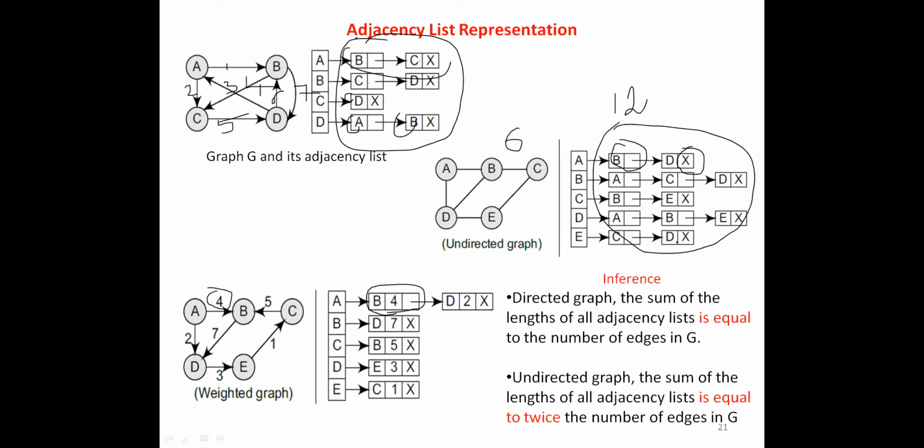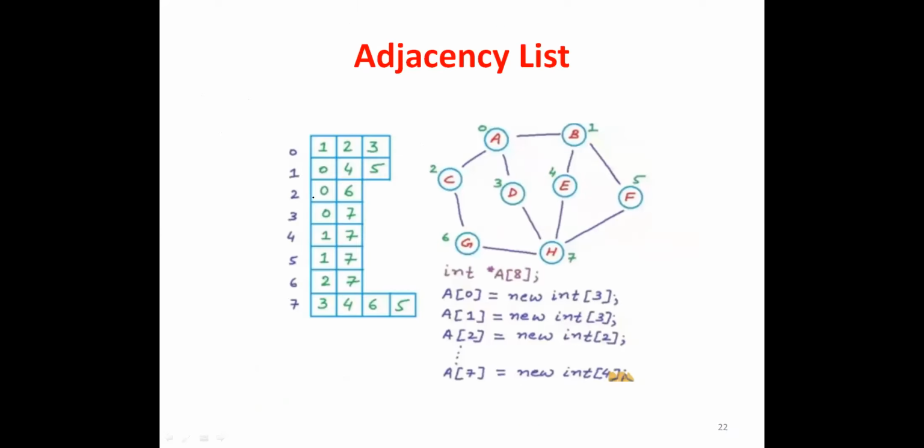So how is the adjacency list represented? I can use a dynamic pointer also. Here, what does A of 0 represent?